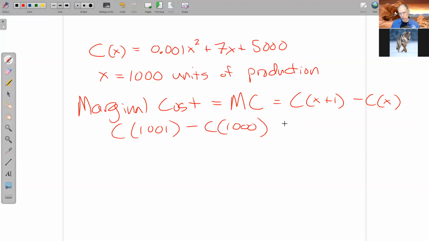And what I want to do is compare that, see what that is, and compare that to the rate of change at 1,000, which is the tangent slope. So we're comparing basically here the secant to the tangent, to see how different they are. In a sec, we'll plug this into a calculator, but let's find the derivative function of cost here. That would be 2 times 1,000, which would be 2 thousandths, 2 thousandths plus 7.